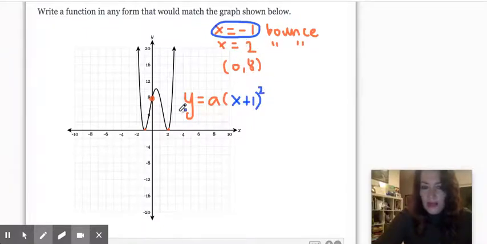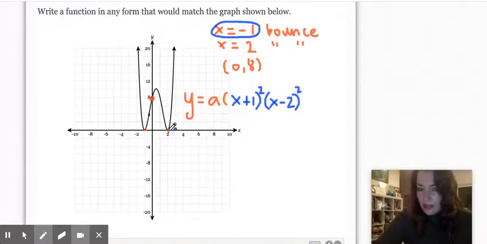Then we have another bounce at x equals 2, which means we can multiply that by a factor of (x - 2) squared. Now, if you remember what a bounce means, it means that it touches the x-axis and then changes directions, such as right here. So we have one bounce here and another one here.